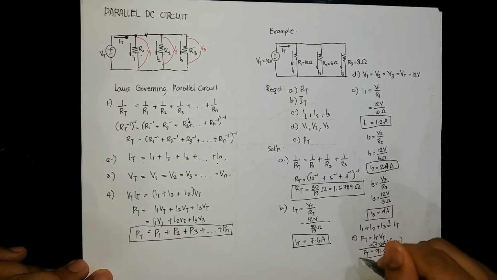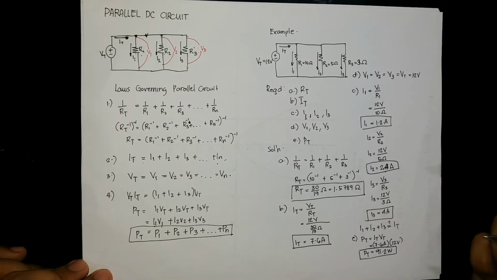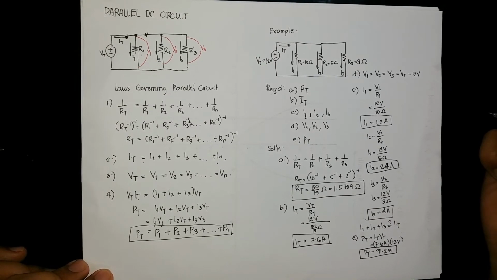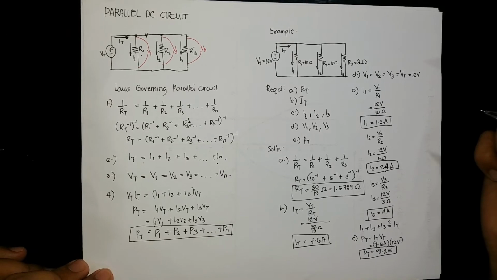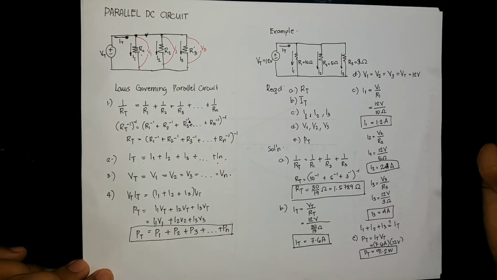Now, purposely, I used the same value of resistors, 10, 5, and 3 ohms respectively, connected with the same voltage, 12 volts, for us to compare. It's very clear when I solve this in terms of series, it gives a total power consumption of just 8 watts compared to 91.2 watts of parallel.